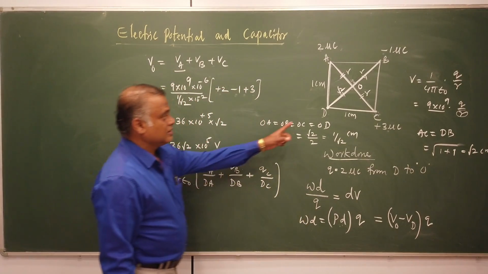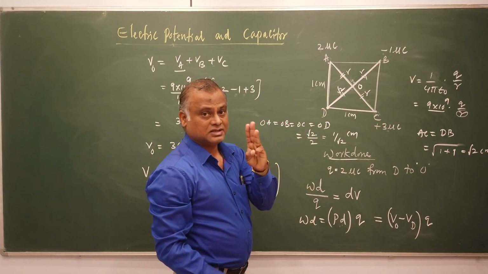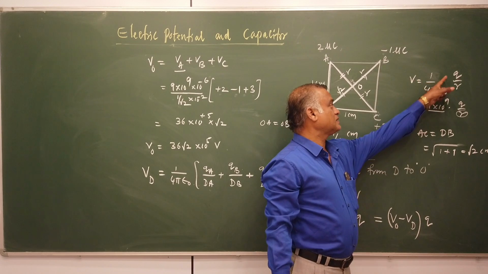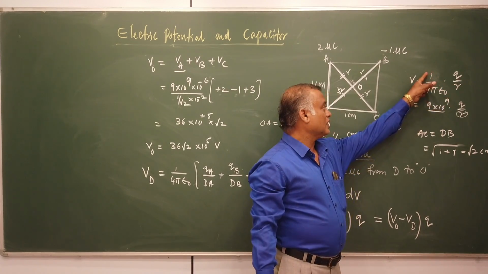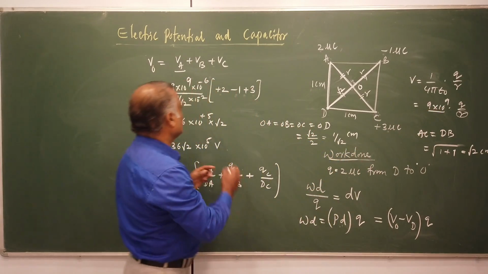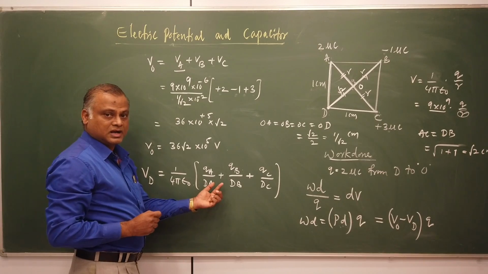Potential at D. D is surrounded by how many charges? 3 charges. Potential at a point is given by 1 by 4 pi epsilon, Q by R. 1 by 4 pi epsilon naught is 9 into 10 power 9. I am doing it slowly here, if you feel it is fast, so you can understand better.